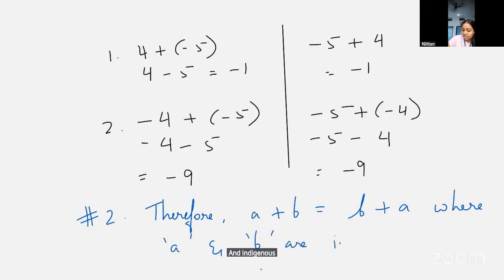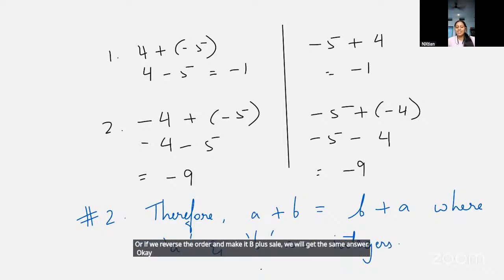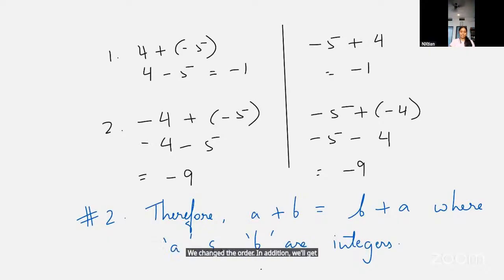Means when we are adding the integers in A plus B order, or if we reverse the order and make it B plus A, we will get the same answer. No matter what order we add the integers, even if it is negative, if we change the order in addition, we will get the same answer.